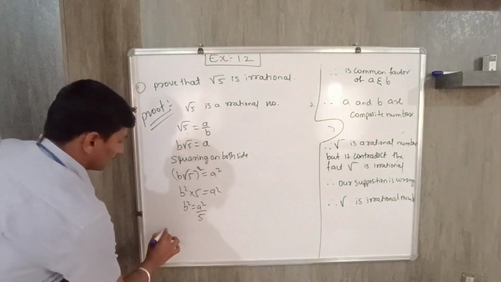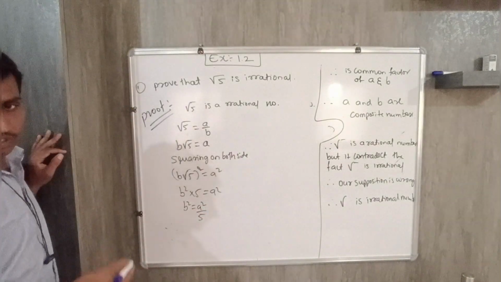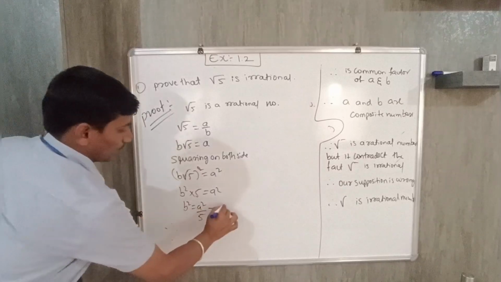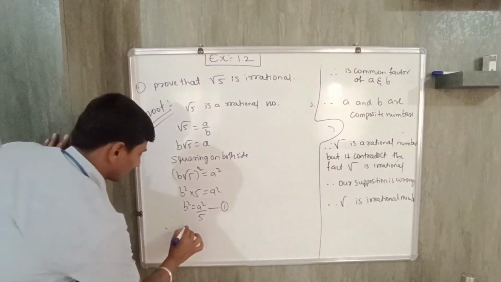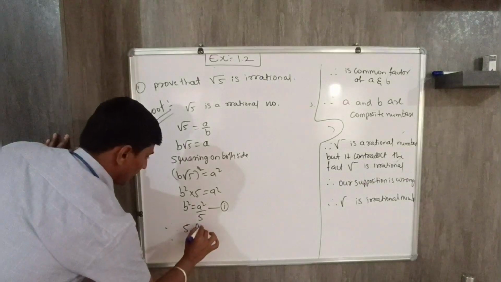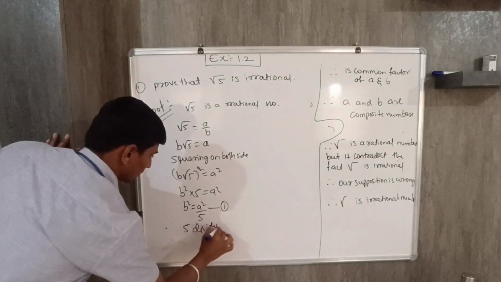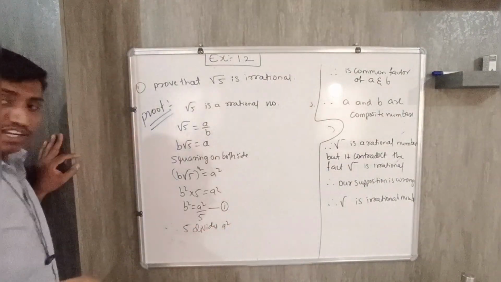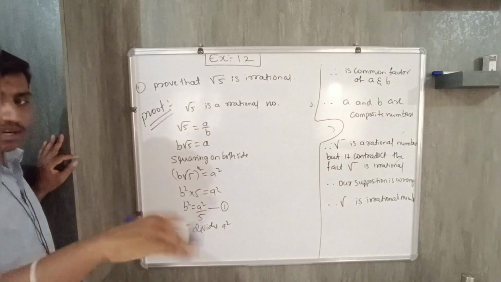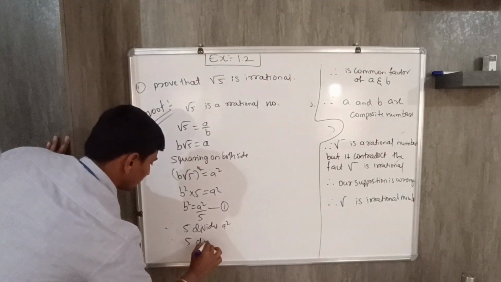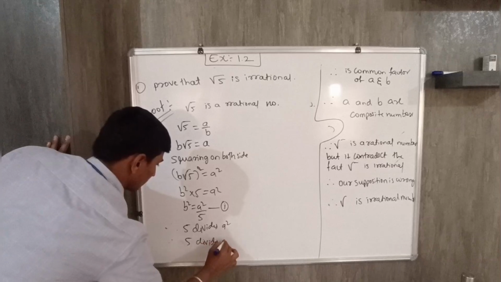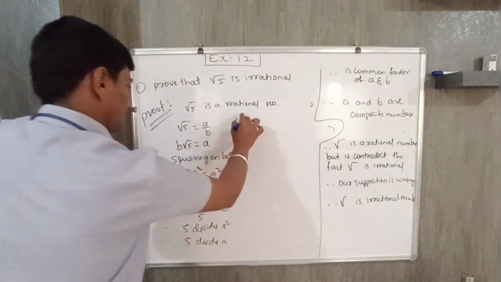Therefore 5 divides, this is equation 1. 5 divides a square. 5 divides a square means 5 divides a also.